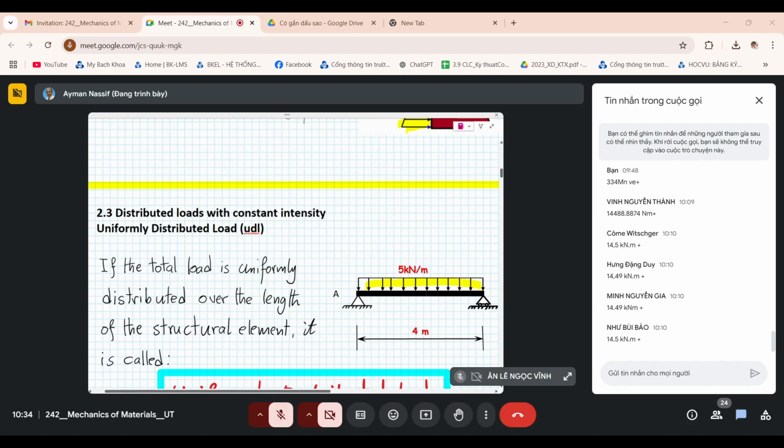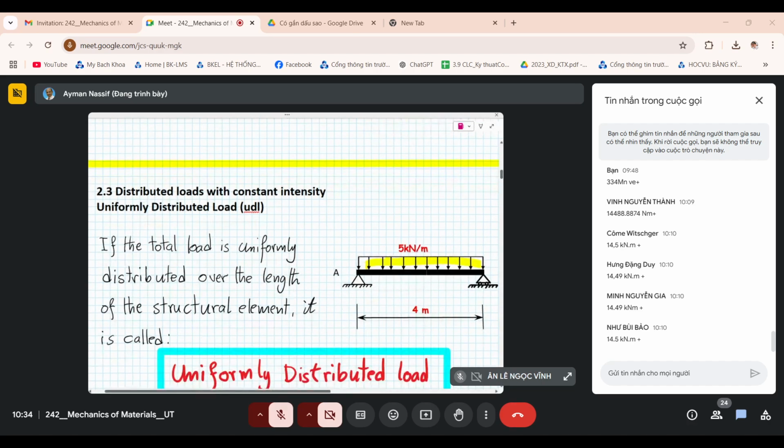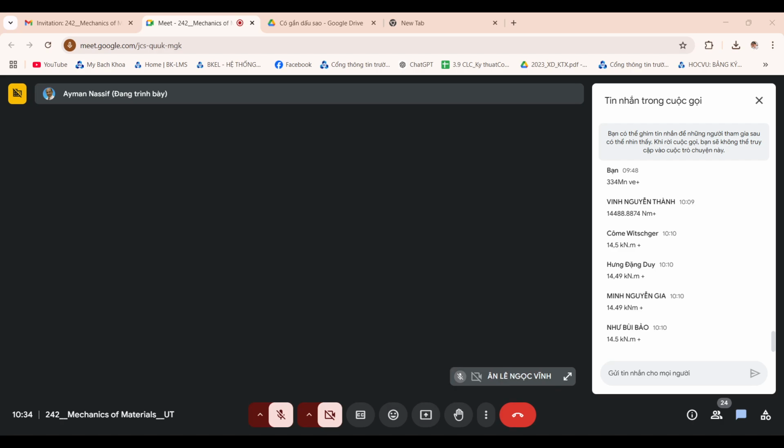So that is a distributed load with constant intensity, what we call uniformly distributed load, or we talk about it as an abbreviation, we say UDL.